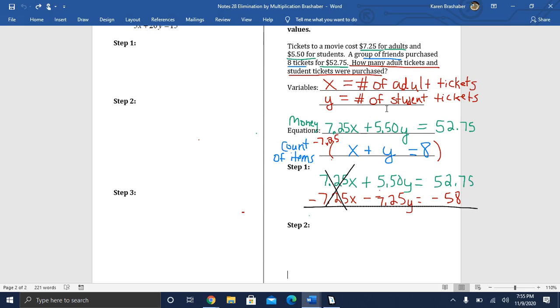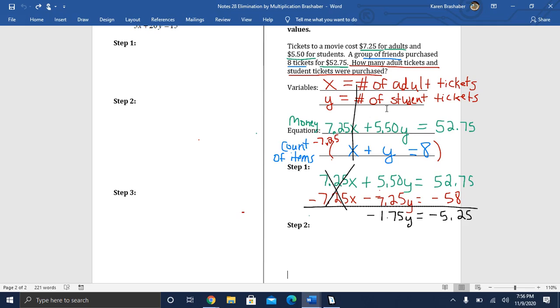I'm taking negative 7.25 and adding that to $5.50, and that equals negative 1.75y. And then I'm taking negative 58 and adding to that $52.75. The 58's negative, so I'll get negative 5.25.